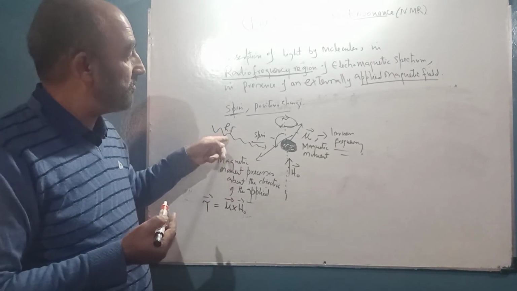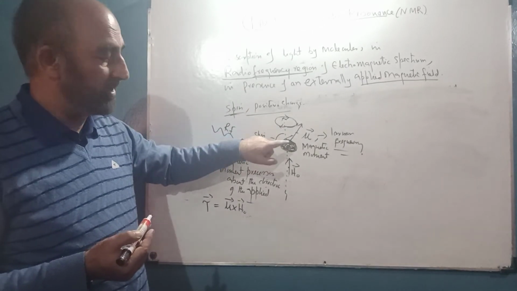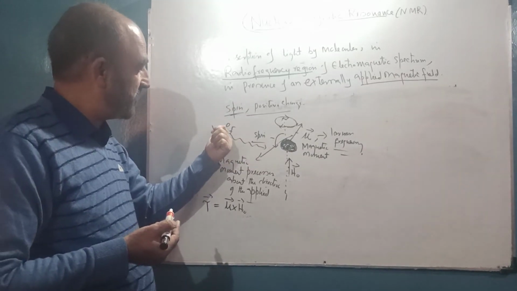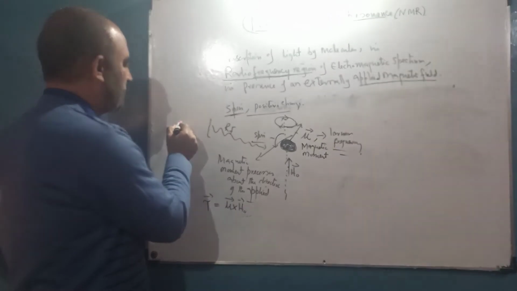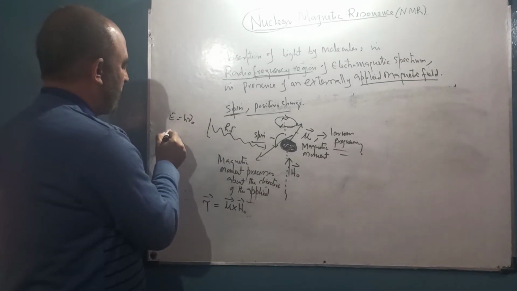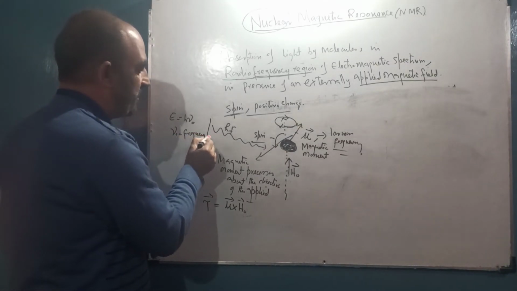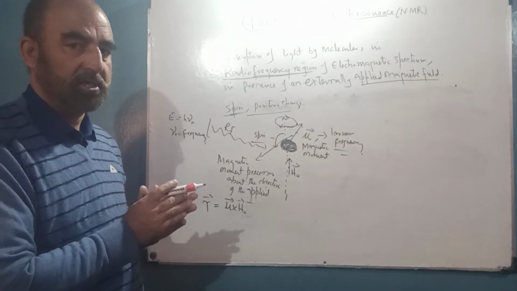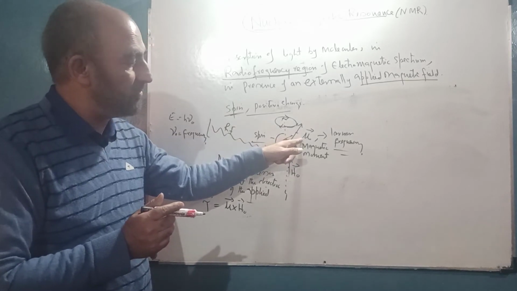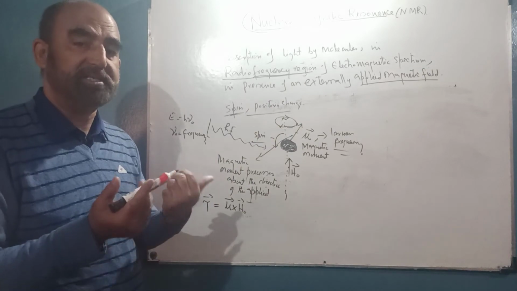So this radio frequency which we expose the nucleus to, has its own frequency, its own energy. That means the magnetic field of this radio frequency is oscillating at a certain frequency, and this magnetic moment mu is also precessing about the applied field direction with a certain frequency.